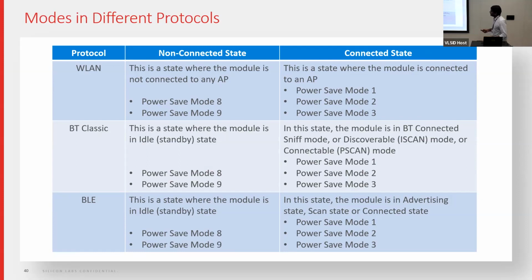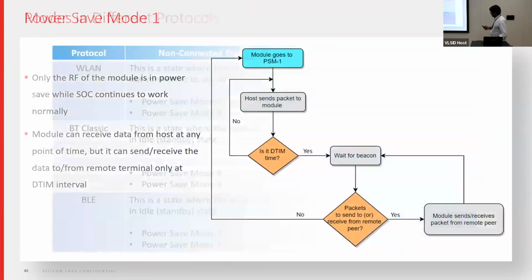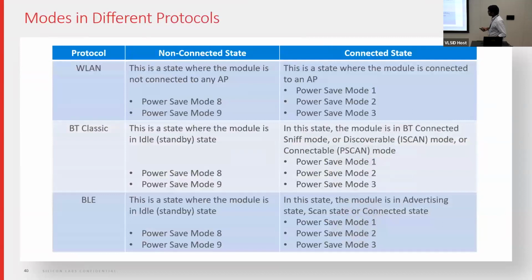Similarly, in case of BT Classic, there are the discoverable mode, the inquiry scan and the passive scan. In the discoverable or connectable mode, we will use power save mode 1, 2, 3, and in idle mode, we will use 8 and 9. Same in case of BLE. When it is in idle state, we will use power save mode 8 and 9.